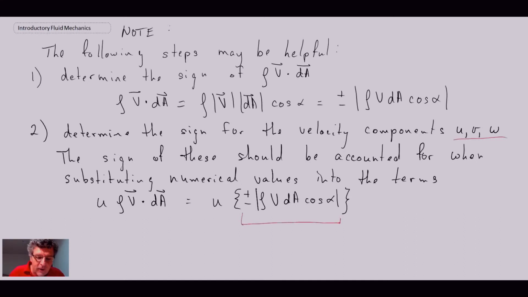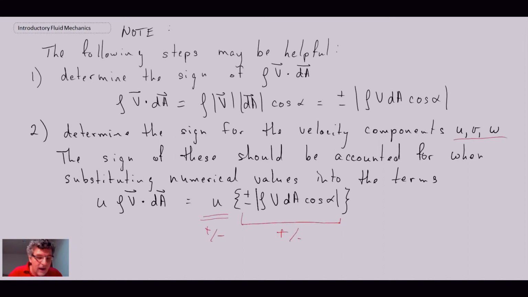And then I also look at the velocity components. Remember, this can have a sign as well because it's a vector component, and depending upon your coordinate system, it could be a plus or a minus. So you got to be careful with those signs. This could be plus or minus, and this could be plus or minus, depending upon the orientation of the area vector and the velocity itself.